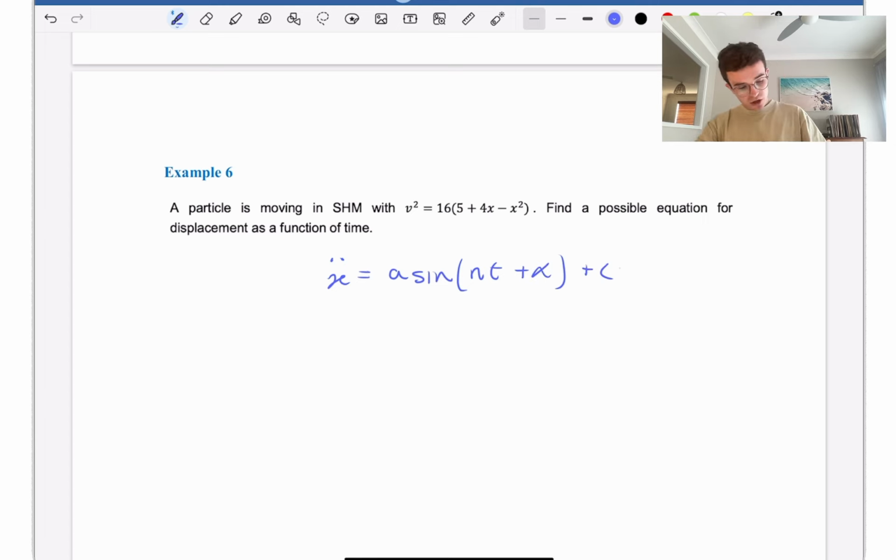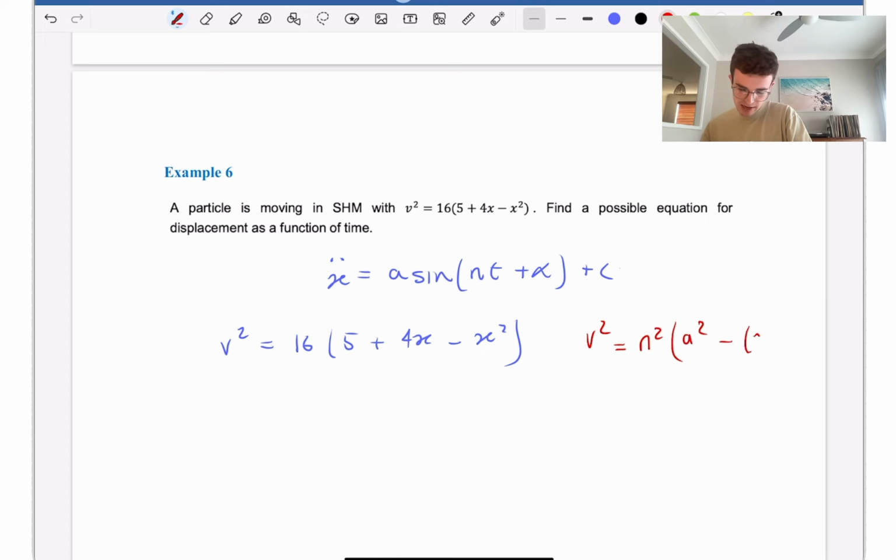Right, so we do know in this instance that v squared is equal to 16 outside of 5 plus 4x minus x squared. And we want to try and get it in the form. What form have we been using? Because it's not quite in any form that's useful for us. We want it in the form v squared is equal to n squared a squared minus x minus c squared.